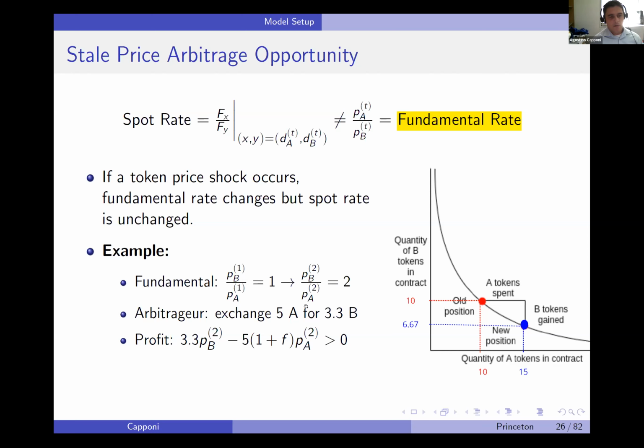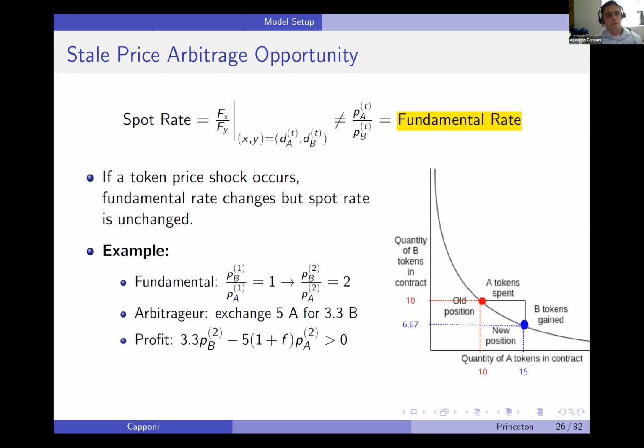As an arbitrageur, I swap 5 token A and I get 3.3 token B. Even if I pay the small fee proportional to the amount of token that I'm exchanging, in this case 5, I will still end up with a positive profit. So this is a way to make an arbitrage: I exchange the more valuable token for the less valuable token inside the automated market maker, and this gives me a value.